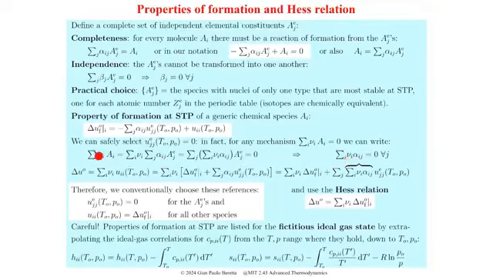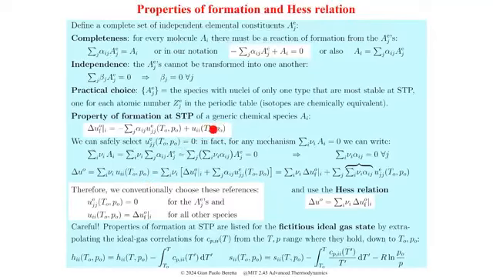So now, since we're interested in general in this kind of reaction, the property of that reaction, for example, the energy of reaction for that reaction, is defined this way.